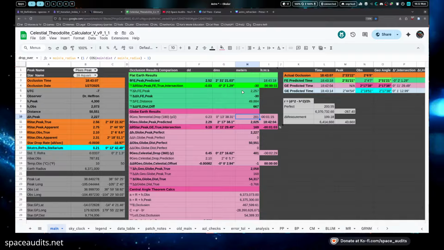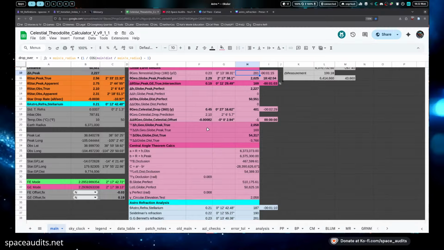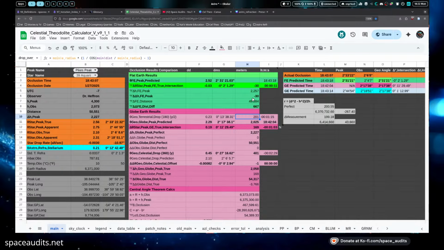The difference in our measurements is shared by the half central angle prediction, where the globe is supposed to be correct by this amount. So these numbers here are supposed to be reversed. If the globe hit its intersection like we were hitting it, they would be off by 30 and we would be off by 169. And that would exactly correspond to an earlier occlusion timing.